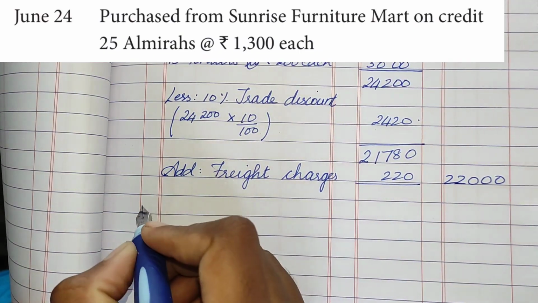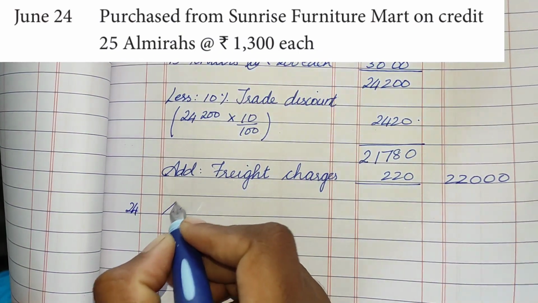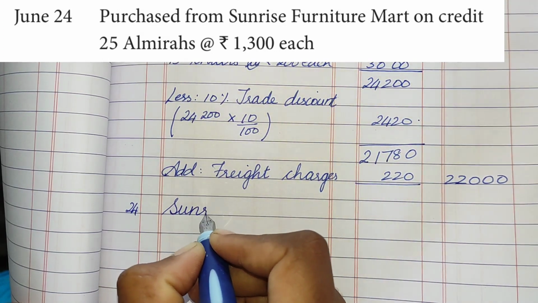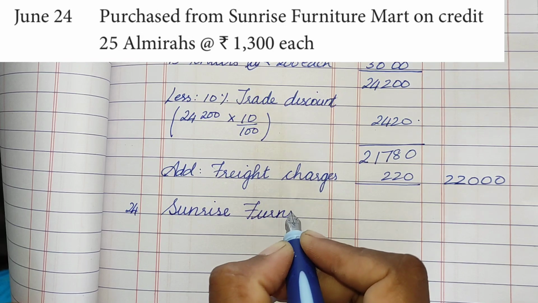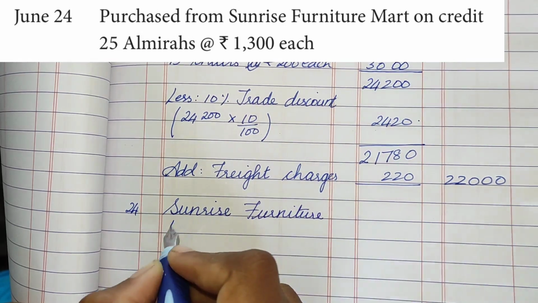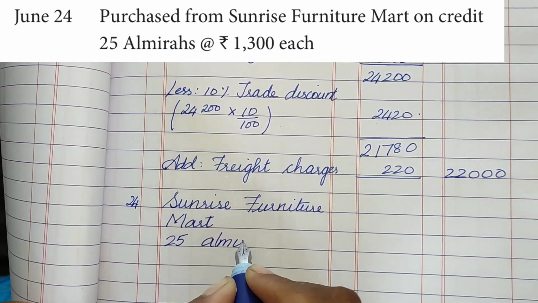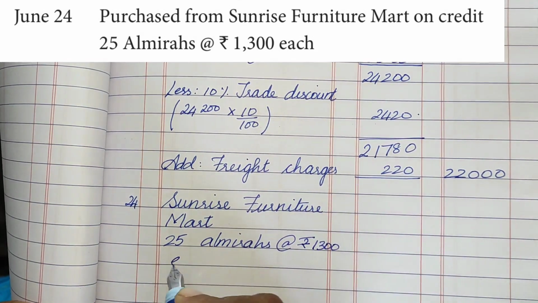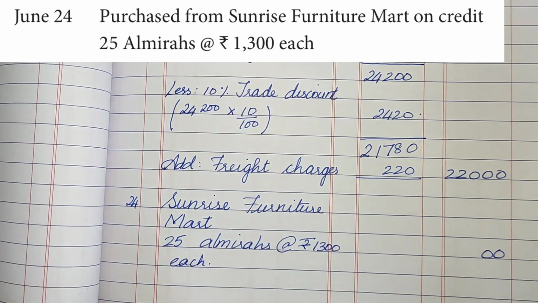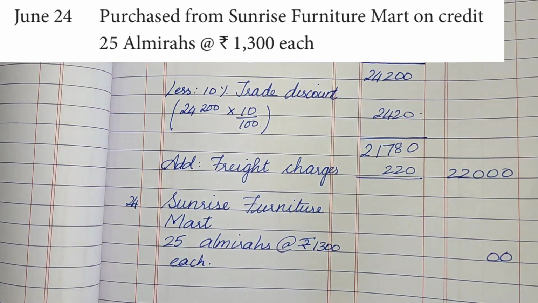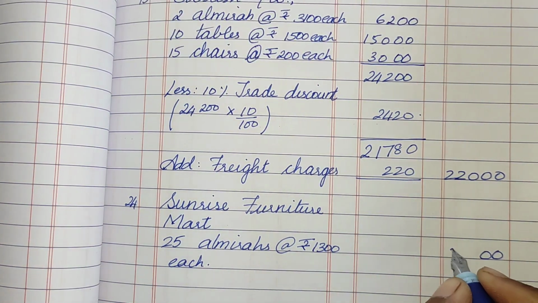After Subhash & Co. on June 24th, we have another transaction of purchase which is about Sunrise Furniture Mart. They have purchased 25 almirahs at rupees 1,300 each. Since it's just one item, we are going to record it in the outer column, that is the total column. So you're going to multiply 25 into 1,300 and put it in the outer column for Sunrise Furniture Mart.